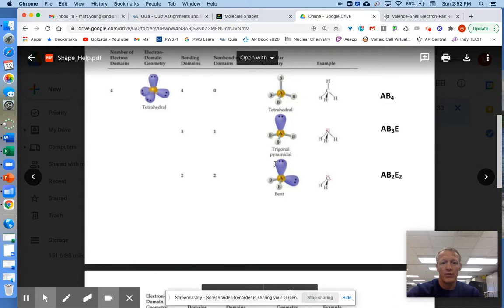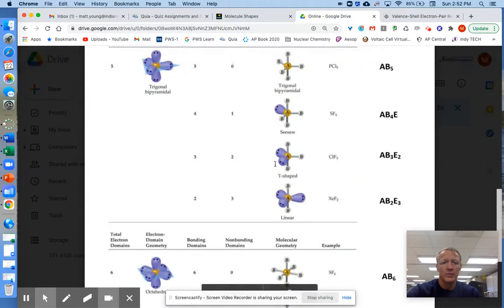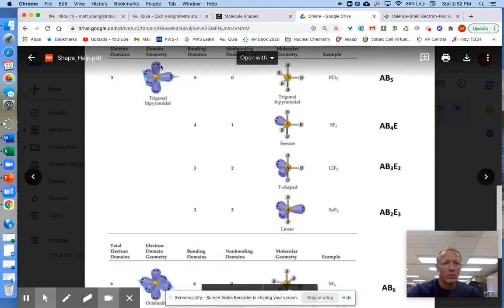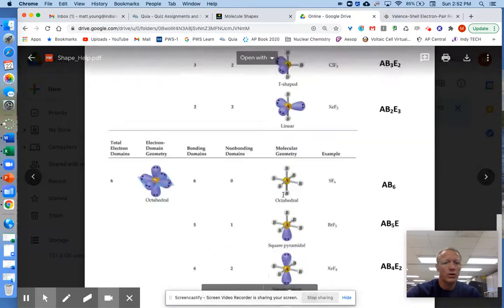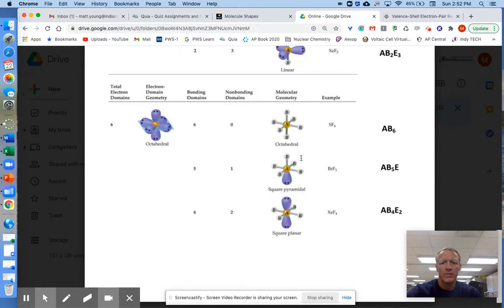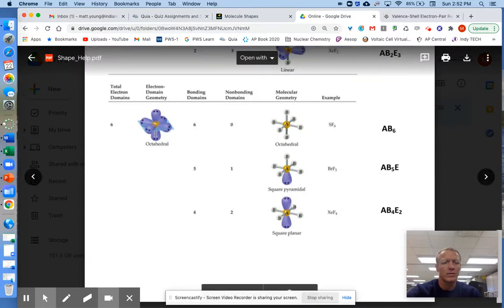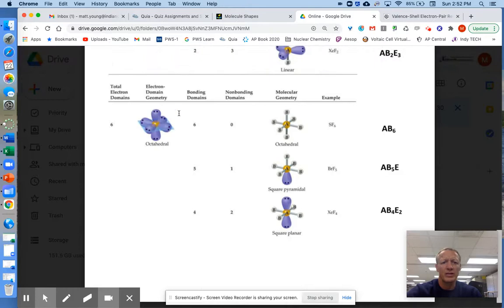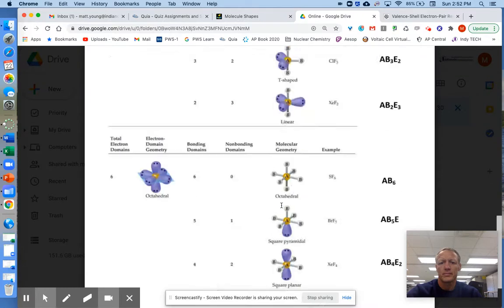There are 3 different molecular geometries. Trigonal bipyramidal, when there are 5 electron pairs, has 4 different molecular shapes. I don't know how I ended up with T-shaped in that last one, but I didn't mean to. And when there are 6 electron pairs around the central element, we'll go with just those 3 shapes. That's it.